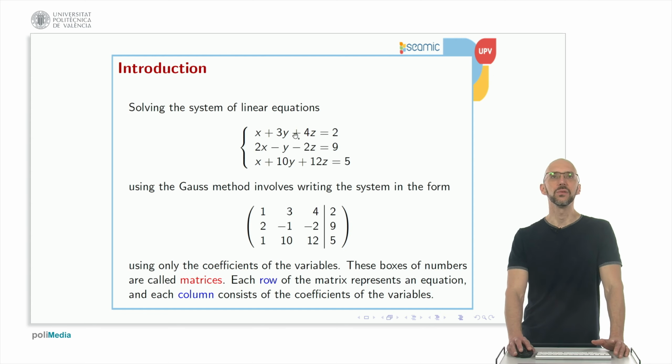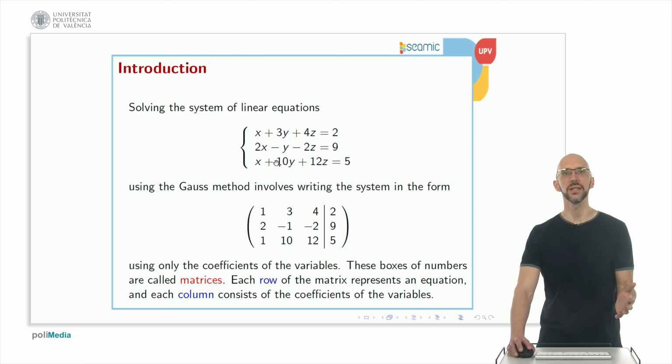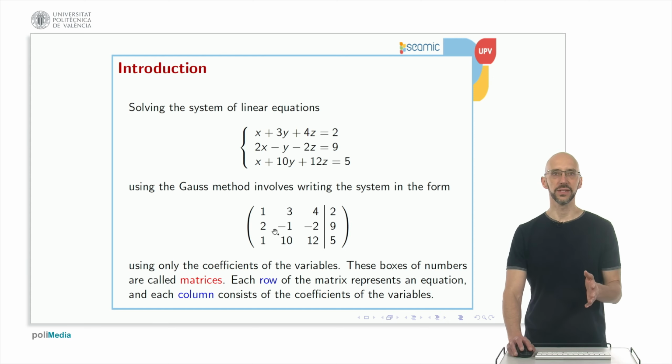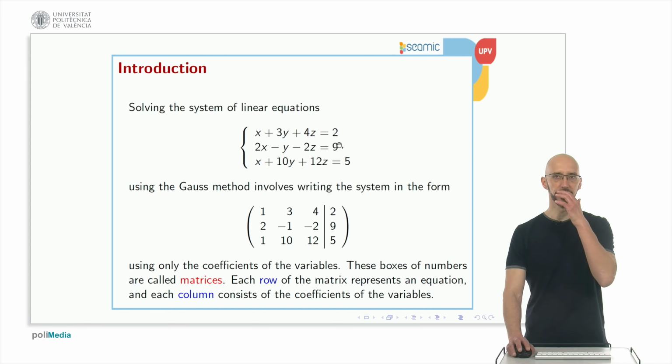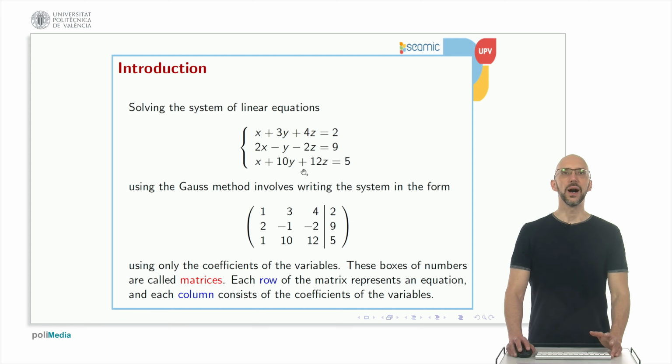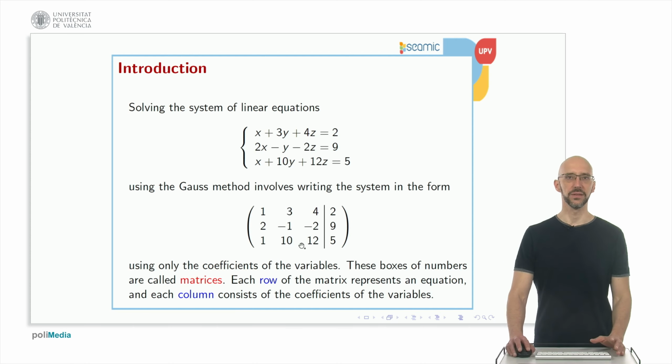It doesn't matter if you rearrange x, y, and z, but please be consistent with the matrix. This column belongs to x, y, and z. And this column, the independent terms, is the one on the other side of the equality. So we are just using the matrix form of a linear system.